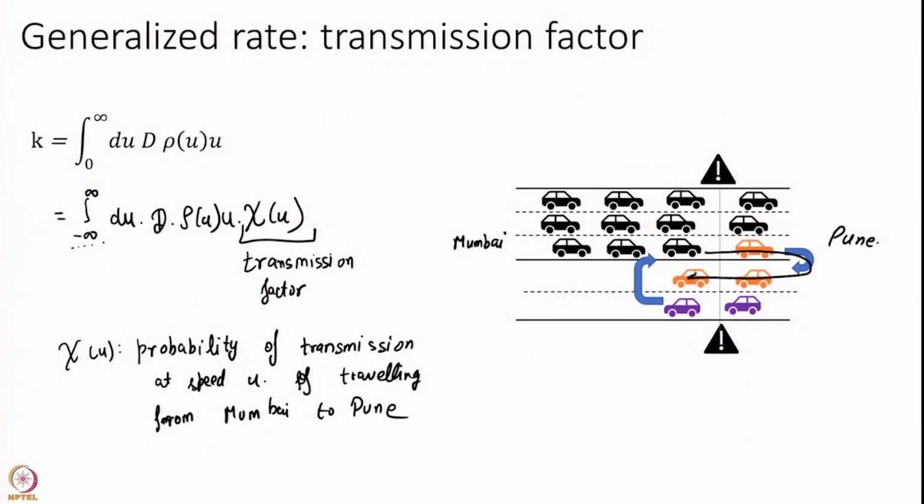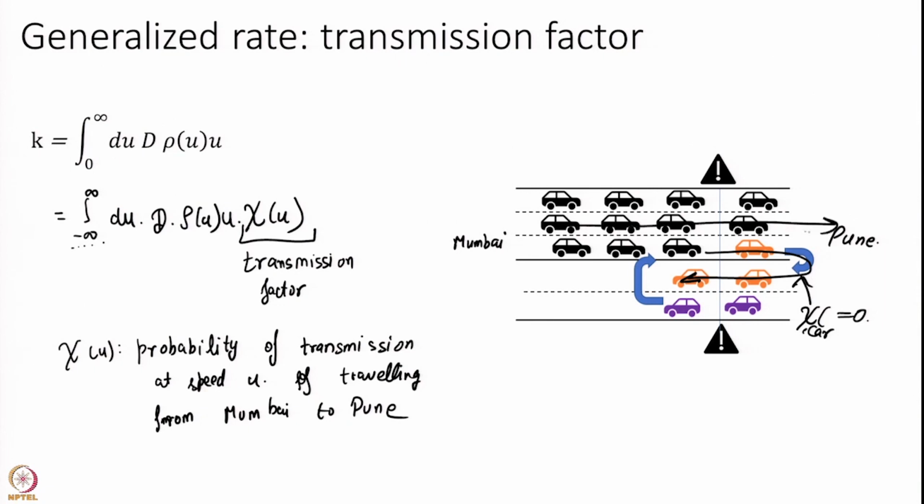But the important thing is this chi is hiding all the dynamical information now. Chi is telling me if a car is going forward, will it turn around in the future or not. For a car which behaves like this, chi will be 0.